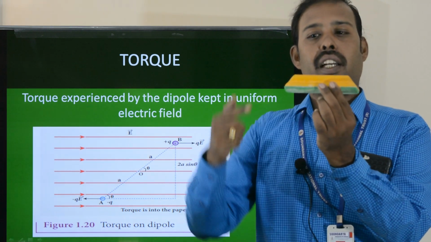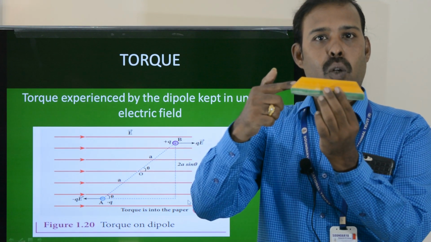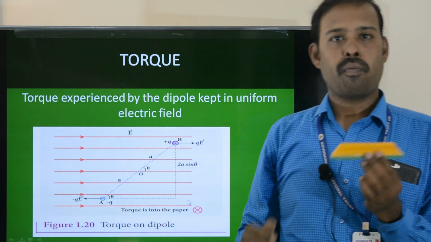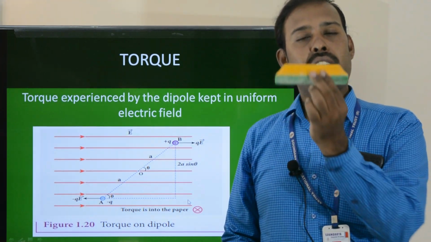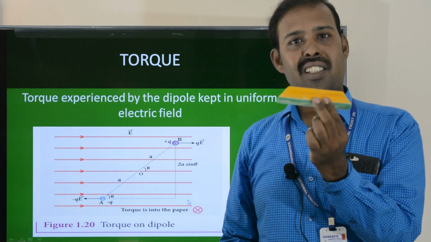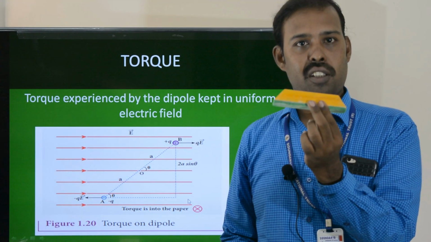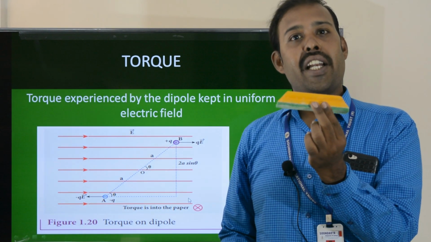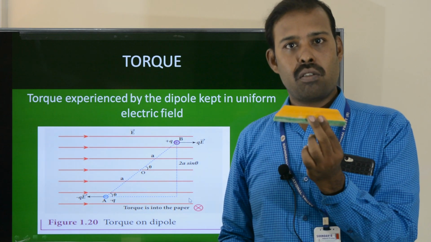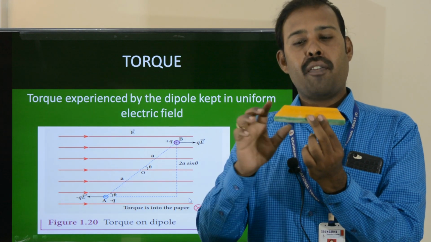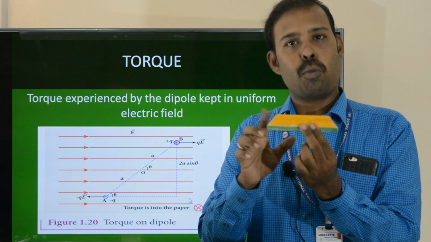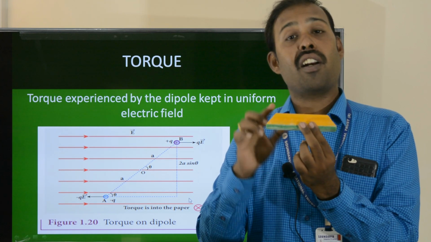If I apply a force here, it will move. But if the same body experiences equal and opposite forces, then the net force will be equal to 0, but it will not undergo a linear motion; instead this body will rotate.